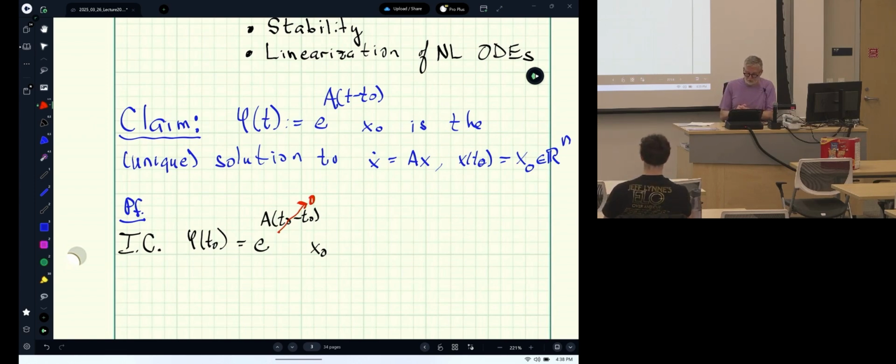The exponential of the 0 matrix only has the first term, which is the identity matrix. So this equals the identity matrix times x0, which equals x0. So yes, it satisfies the initial condition.